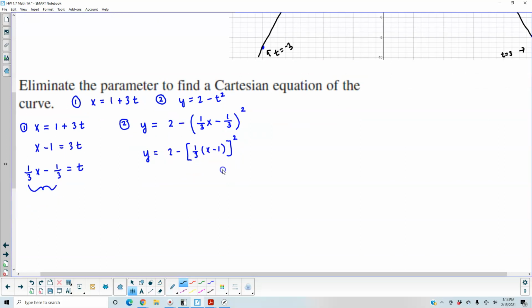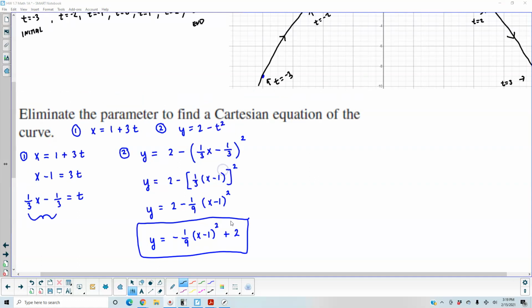Now, if we square the 1/3, then we get y equals 2 minus 1/9 times (x minus 1) squared. And then we can just rewrite this by writing the negative 1/9 first. So it's negative 1/9 times (x minus 1) squared plus 2. And so therefore that tells us that the vertex is located at 1, 2.